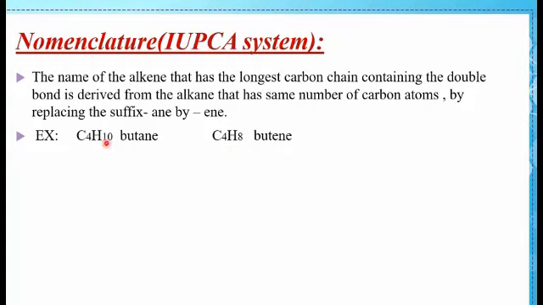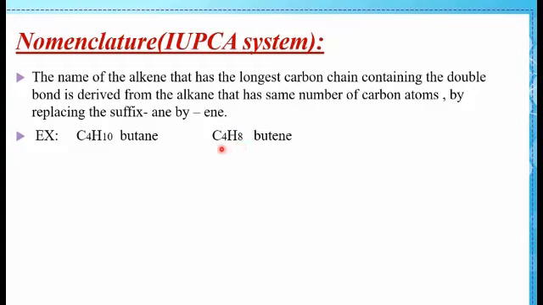So the first molecular formula obeys the general formula CnH2n+2, that is, 2 times 4, 8, plus 2 equals 10. So the suffix of the nomenclature is "ane" because it is butane. But here we have 8 hydrogen atoms.